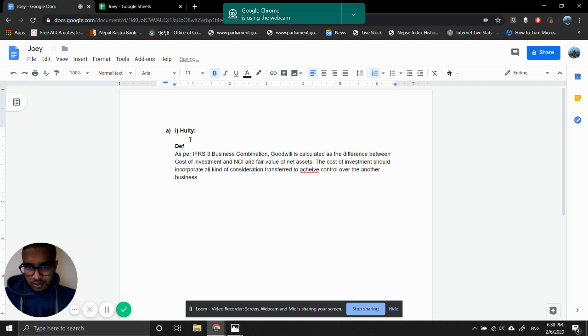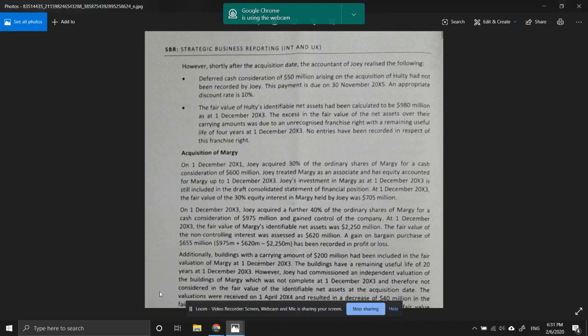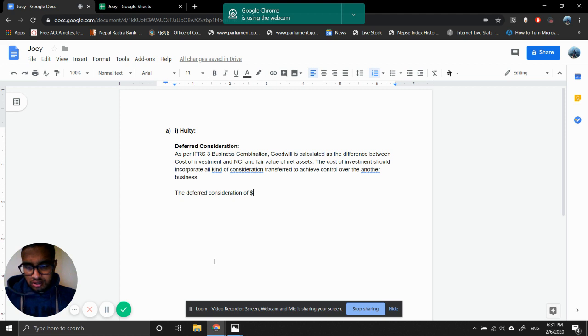This is about deferred consideration. The deferred consideration of 50 million is due on that date. Discount rate is 10%.